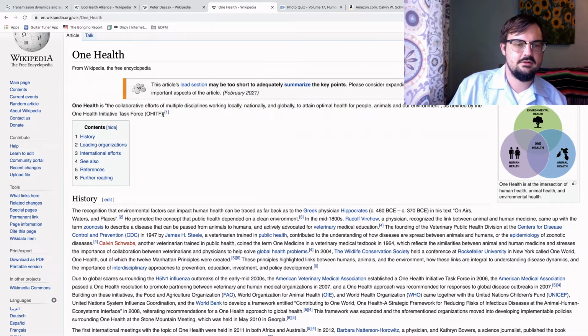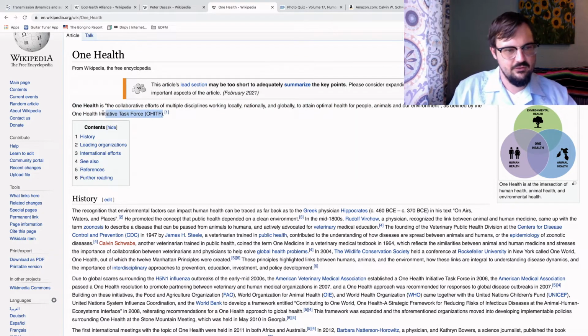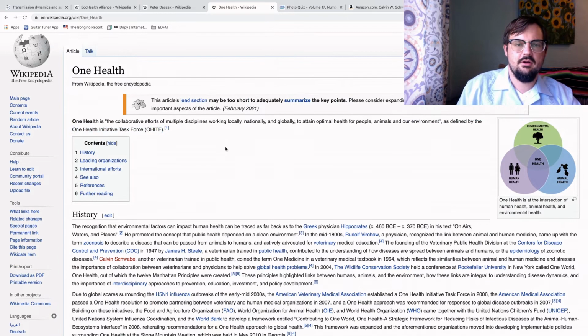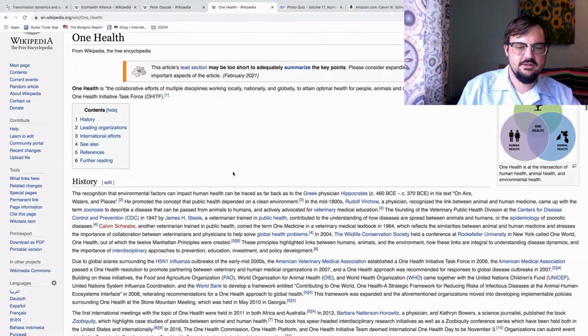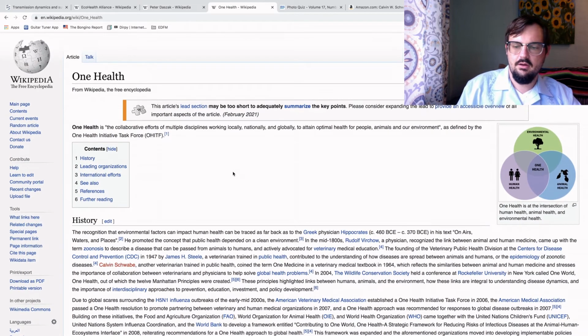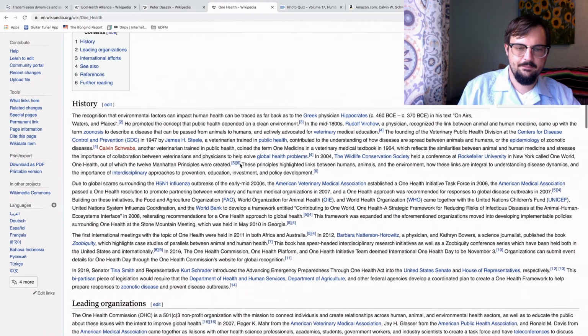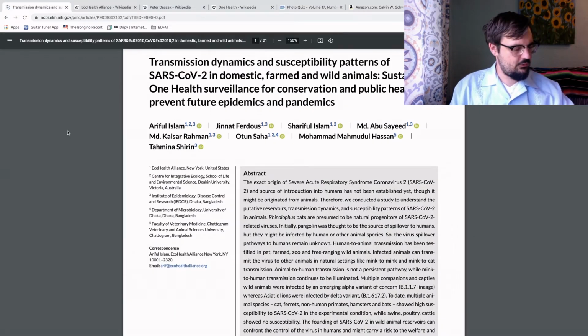I'm not sure how the One Health Initiative Task Force is linked to EcoHealth Alliance, but probably very closely. And I just wanted to bring this up just to show that they're putting this out as like a philosophy and ideology, not an organization. Alrighty, on to the article then.